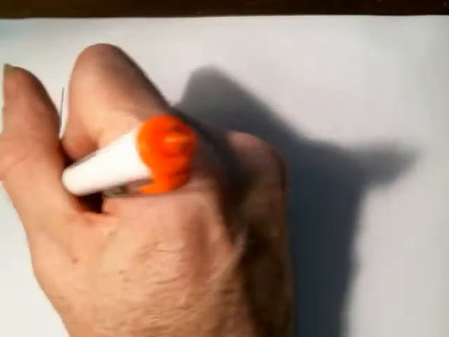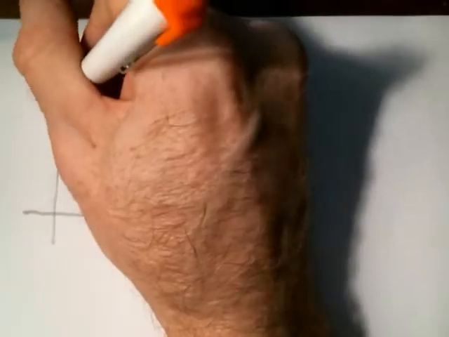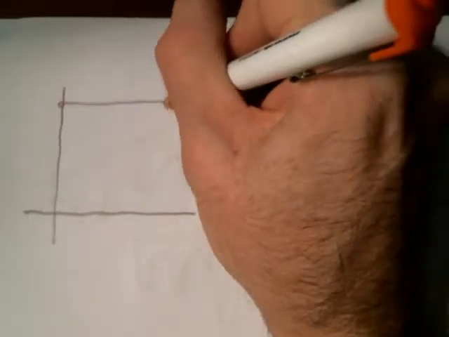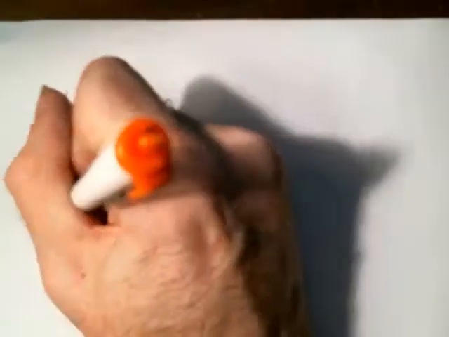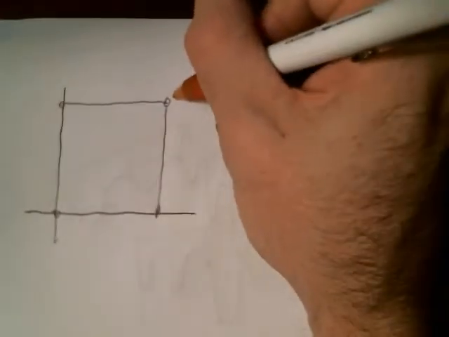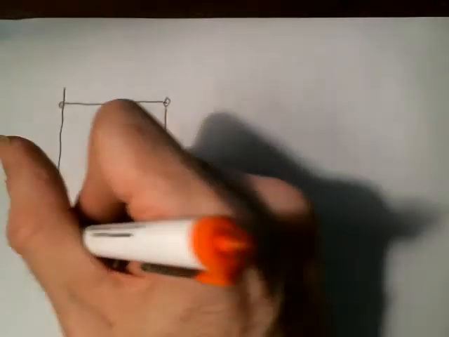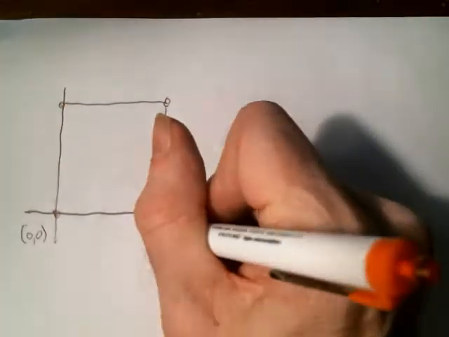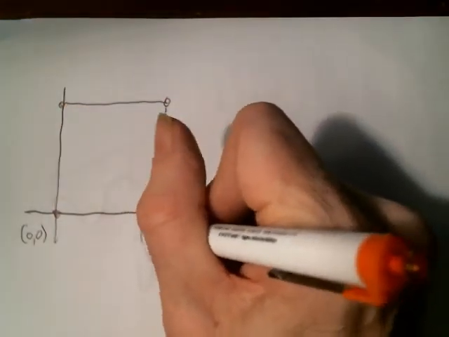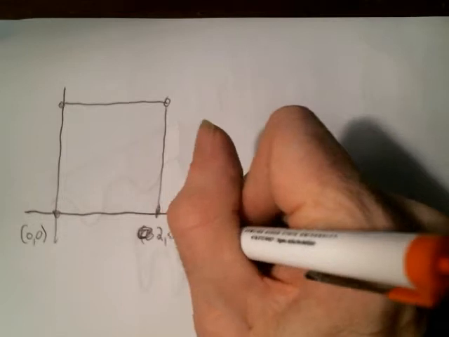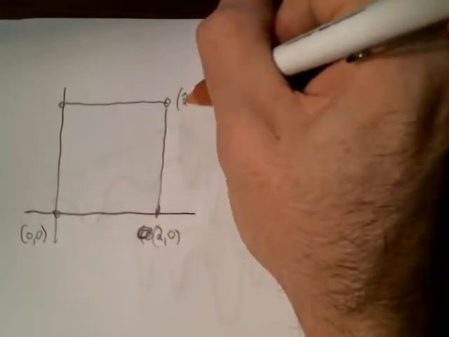So let's look at a simple version of this where we just have a box and 4 corners of a box. So 0, 0. This point is 0, 1, 0. Well, let's go 2, 0, right? Let's make it a little bit interesting. And then 2, 2.